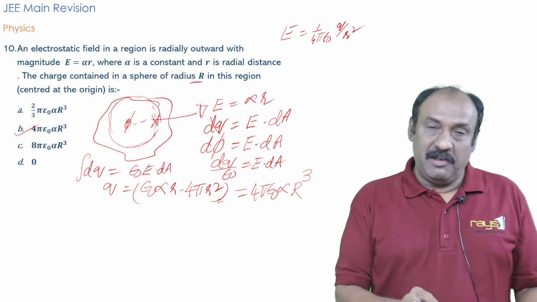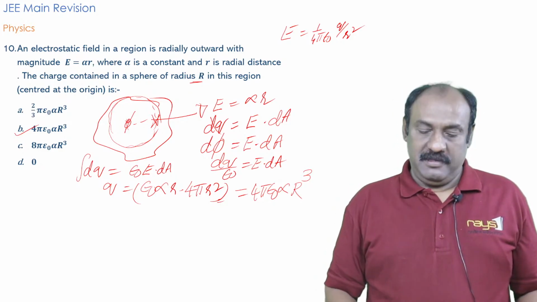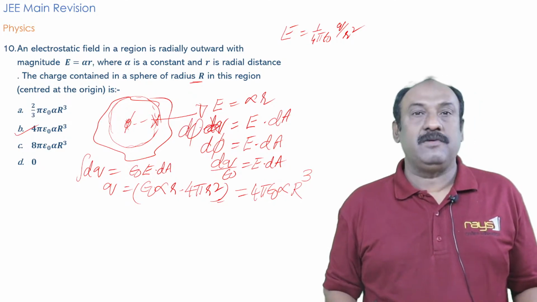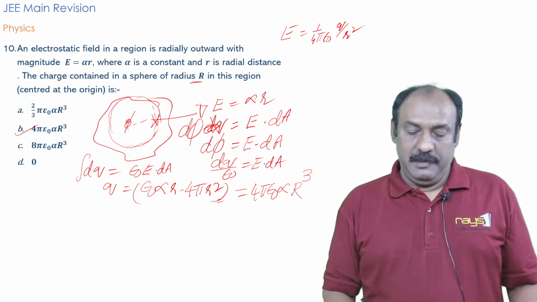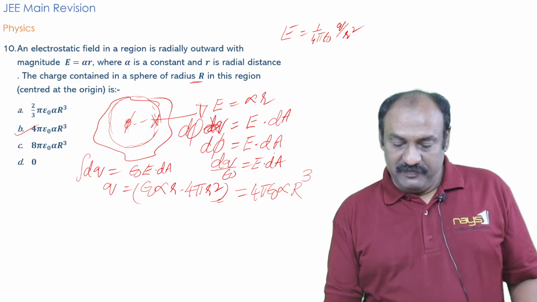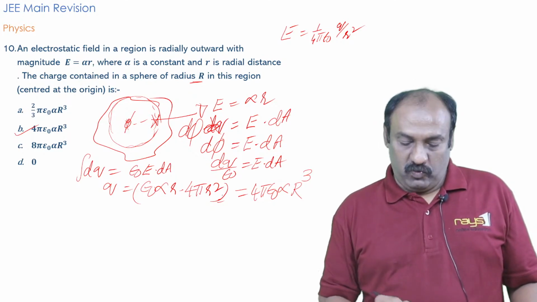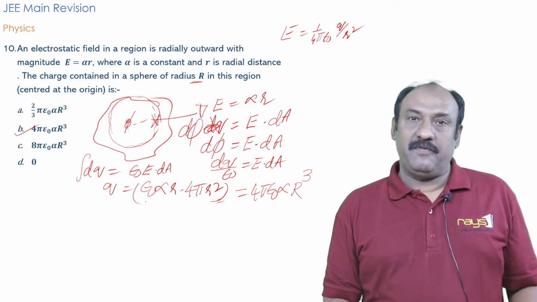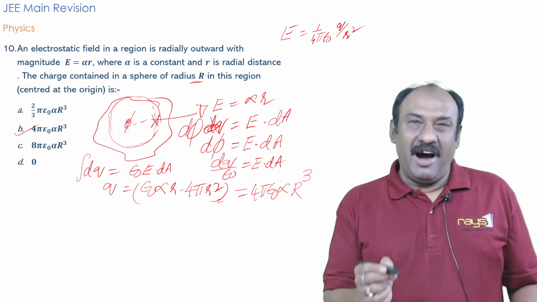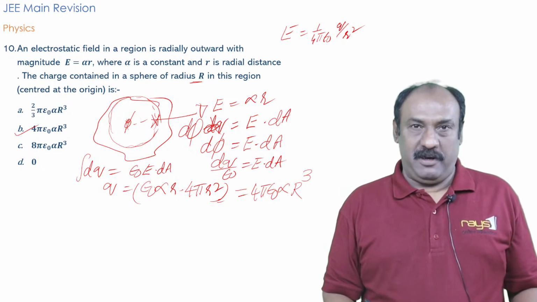The flux passing through that region is dΦ equal to E into dA. In place of dΦ I have written E into dA, and in place of A I have written 4 pi r square. E equal to alpha into r equals the charge contained in that zone by epsilon naught.